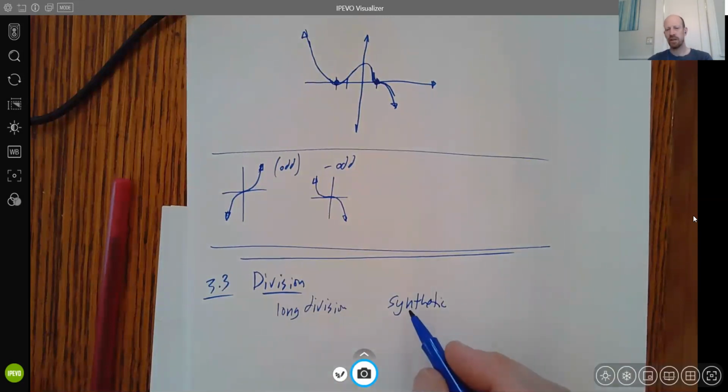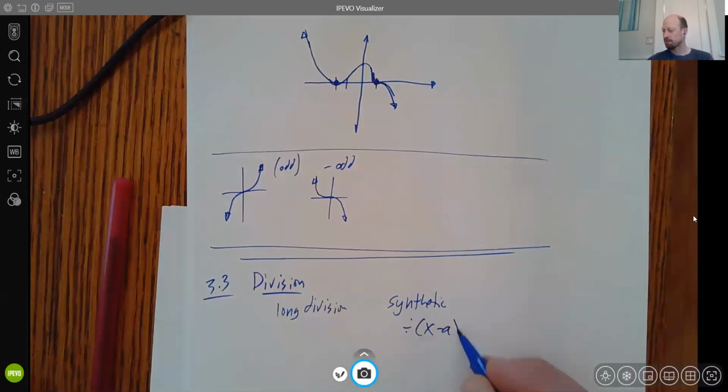Synthetic division is really useful for the situations that we use most often, but it only applies to very specific cases: when you're dividing by x plus or minus a number.